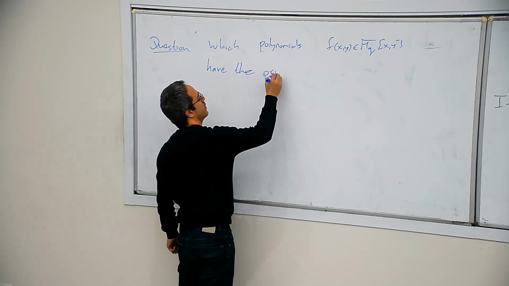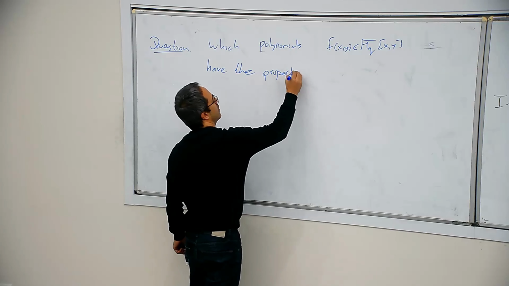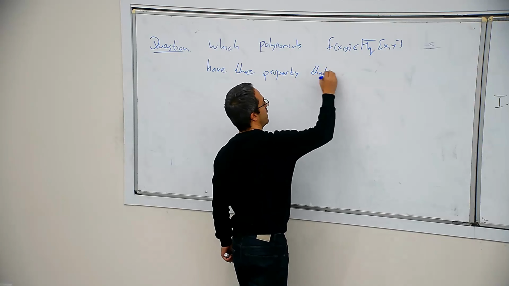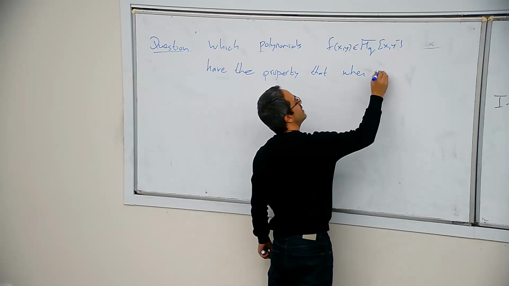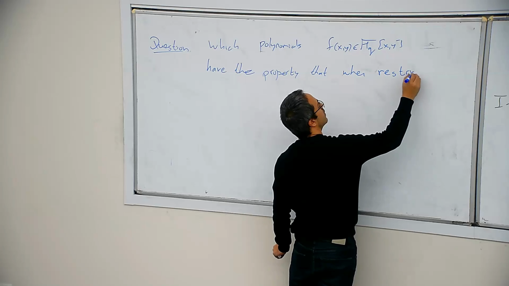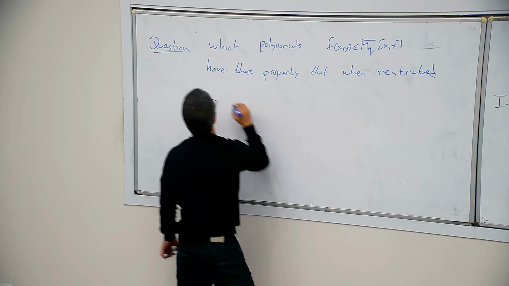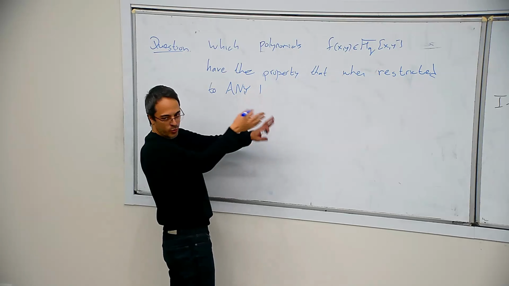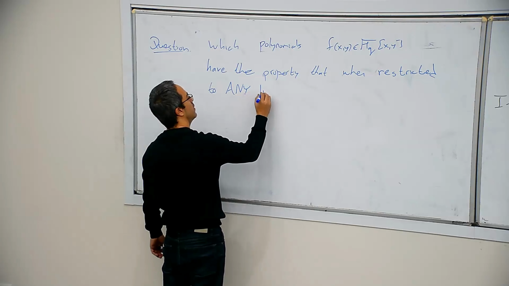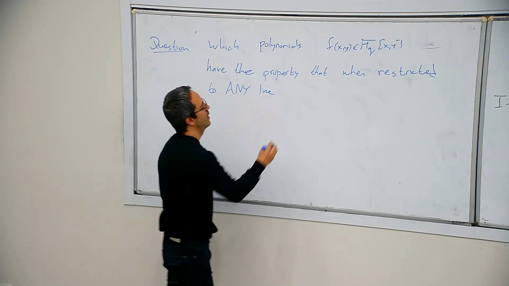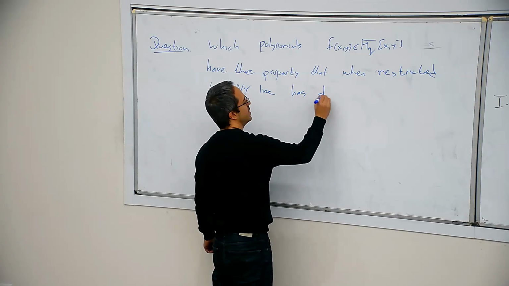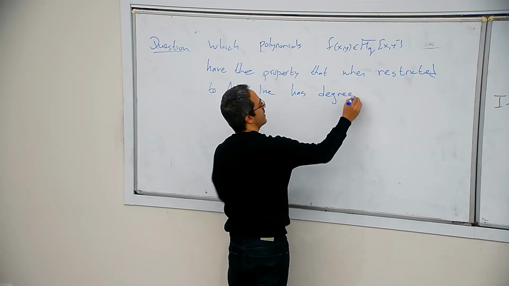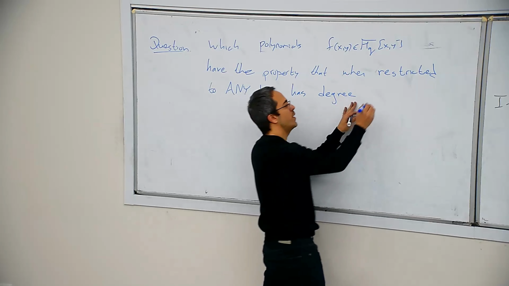real property, that when restricted to any line, because you want to choose a random line, it has degree, I can say D and ask as a parameter of D, but let me just say Q minus 2.